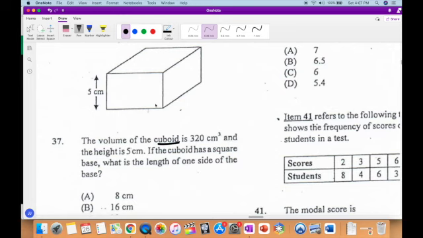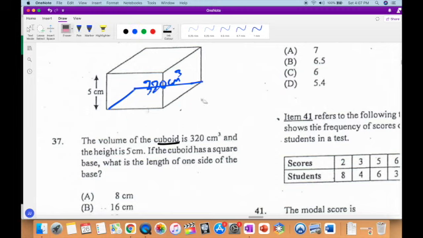So a cuboid is basically a cube, but a longer cube. So the volume of this is 320 centimeters cube, and the height is 5, as I can see here. If the cuboid has a square base, it's telling me that this is a square, so this side is equal to this side, right?